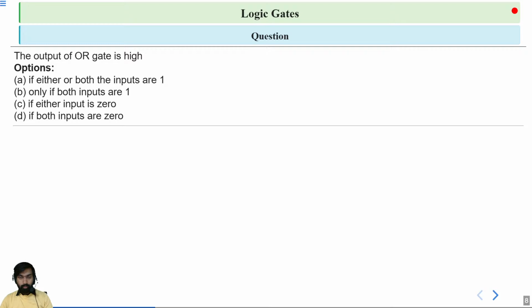So given options: option A, if either or both inputs are 1. Option B, only if both inputs are 1. Option C, if either input is 0. And option D, if both inputs are 0. So which option is correct? Please solve, everyone.